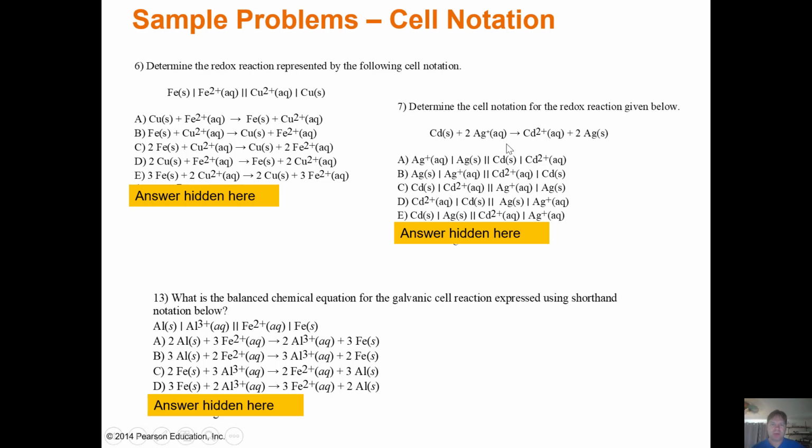And then here we're going from the combination of reactions to the correct cell notation. And then this one is similar to number 6, in that we are going from cell notation to the correct reactions. The difference, as you'll see when you look at it, has to do with the way the charge is balanced. So I'm not going to go through these in detail. I would recommend trying each of these out, and you can check the answers as you go through if you would like to.